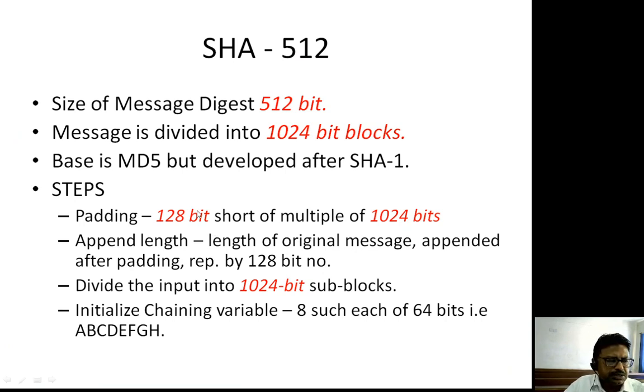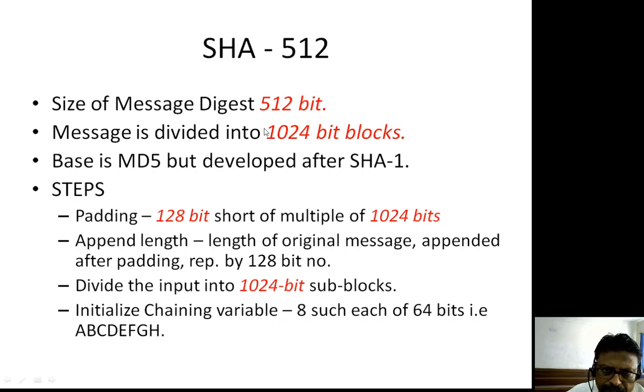Now the SHA 512. Of course, the message digest size is 512 bit. The message is divided, instead of into blocks of 512 bit, into blocks of 1024 bit. The base is MD5, and it was developed after the SHA1.